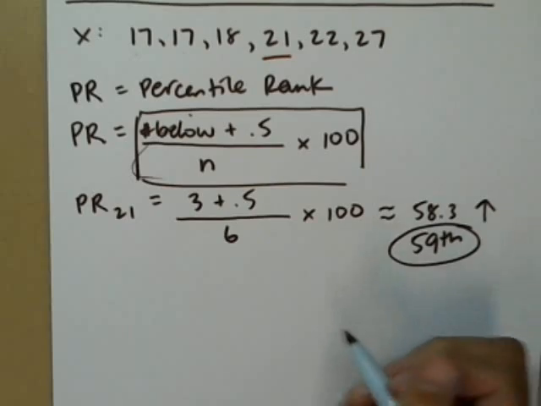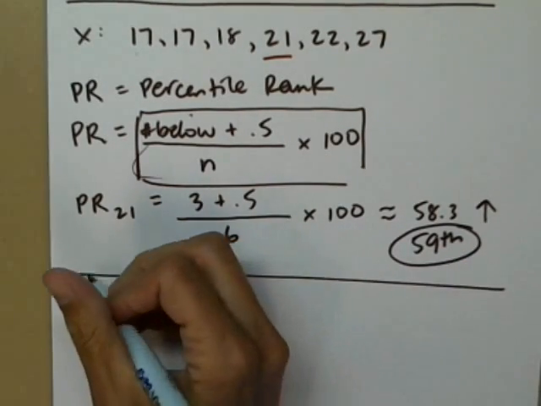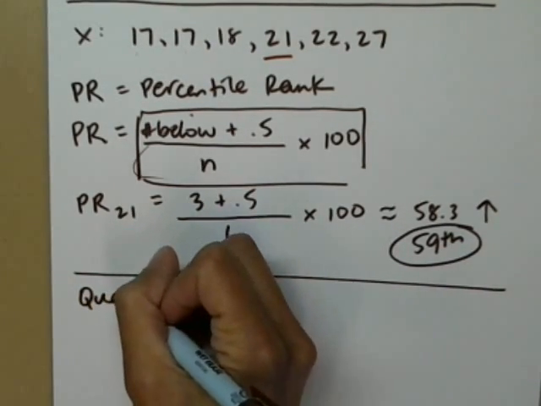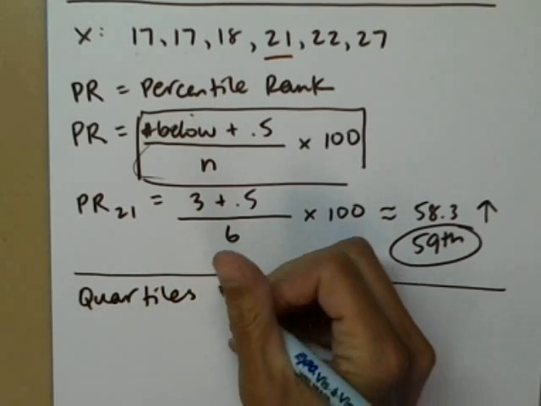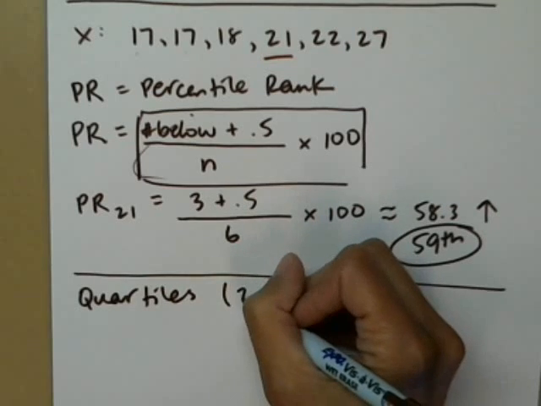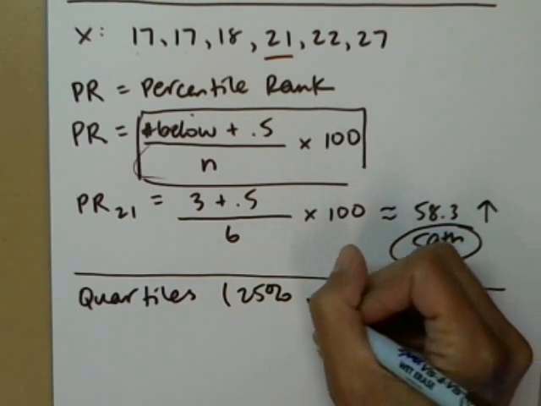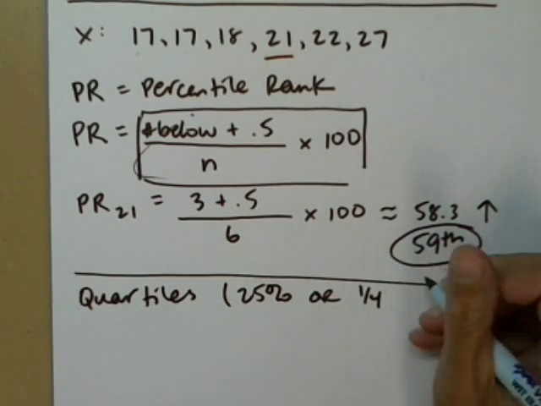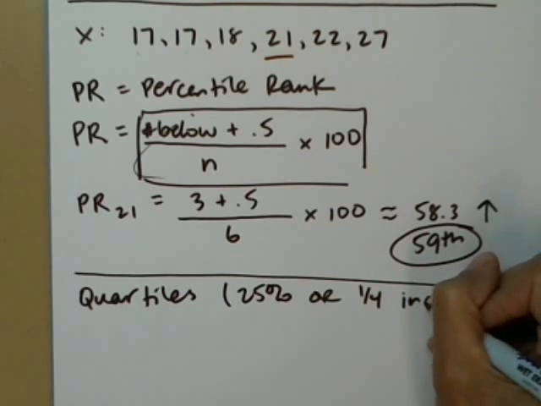The other measure of position that we're going to look at in this video are the quartiles. The quartiles mark our data in 25% increments, so 25% or 1/4 increments.